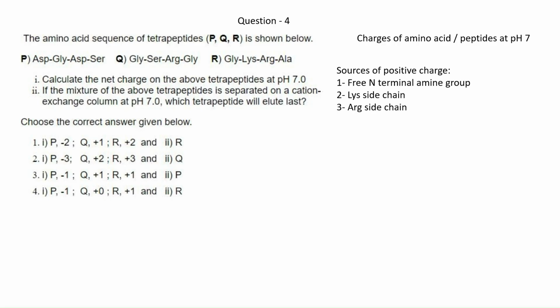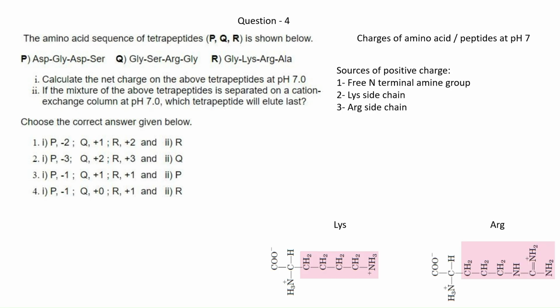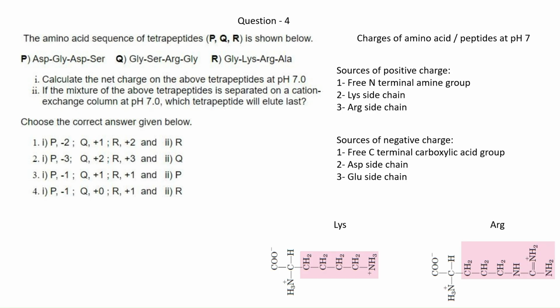The sources of positive charge are free N-terminal amine group, lysine side chain, and arginine side chain. Now, sources of the negative charge are free C-terminal carboxylic acid group, aspartate side chain, and glutamate side chain.